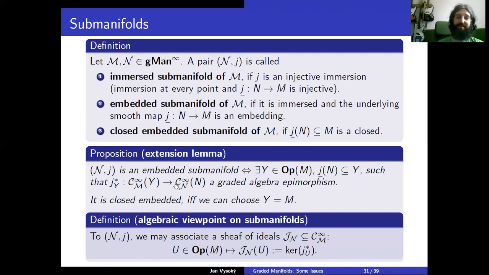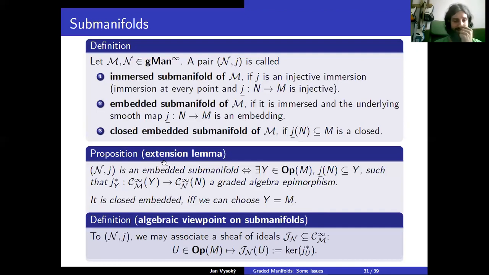If it's just embedded, you cannot extend it to the whole M, but just to some open subset containing the image of N. And you can show that it is a closed embedded submanifold if and only if we can choose this open subset Y to be the entire M. So for closed embedded submanifolds, you can extend all functions on your submanifold to functions on the ambient manifold. It's a very useful property of embedded submanifolds, and this is the reason why they are important.